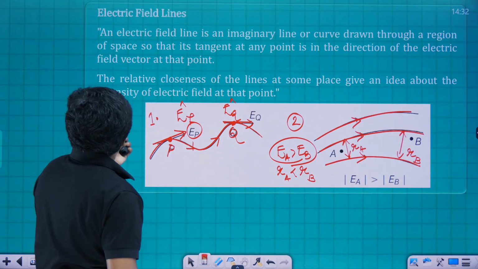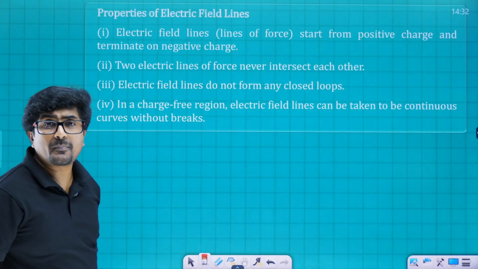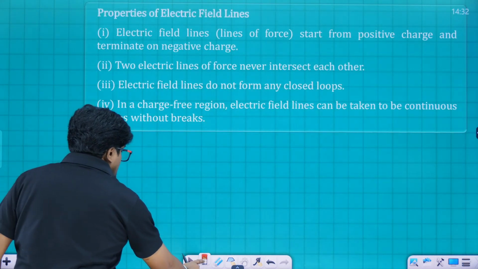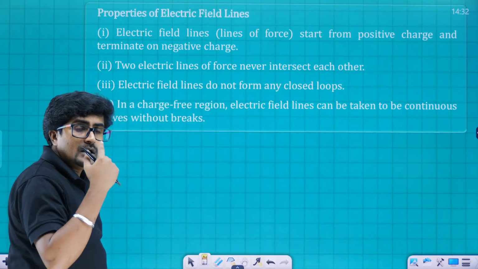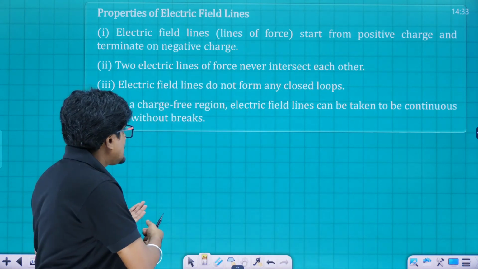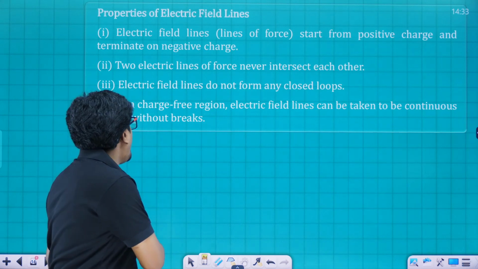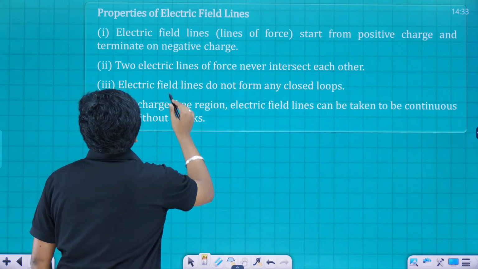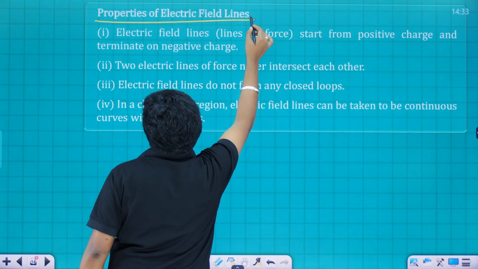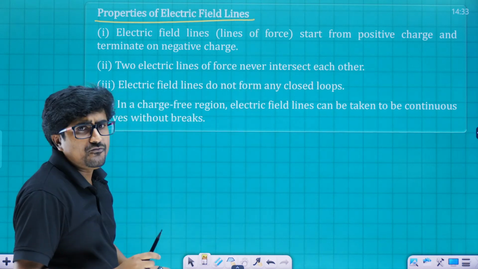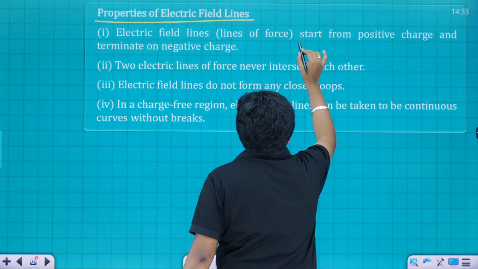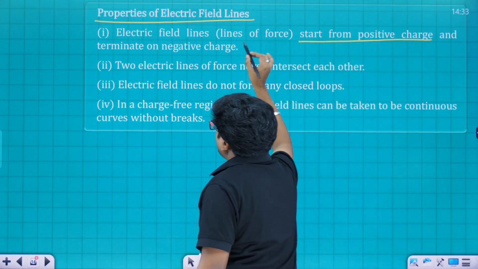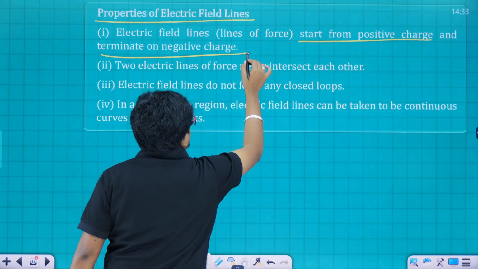All right, moving to the next, that is properties of electric field lines. Again, this information is really going to help you in the type of questions that I just discussed. So the first property is, it starts from a positive charge and terminates on a negative charge.